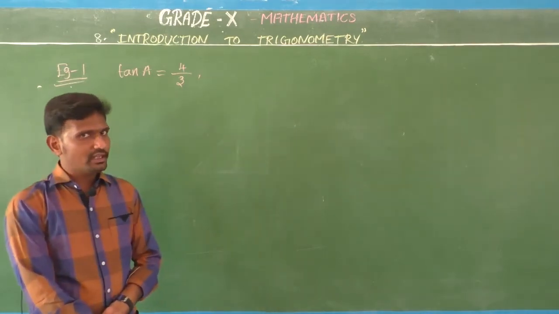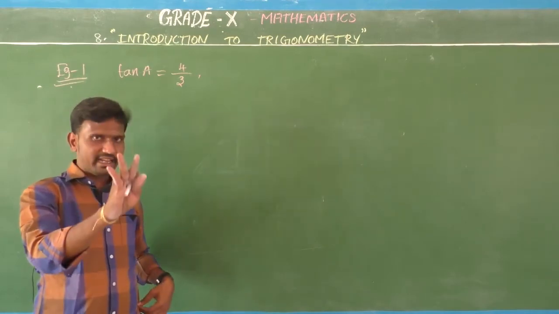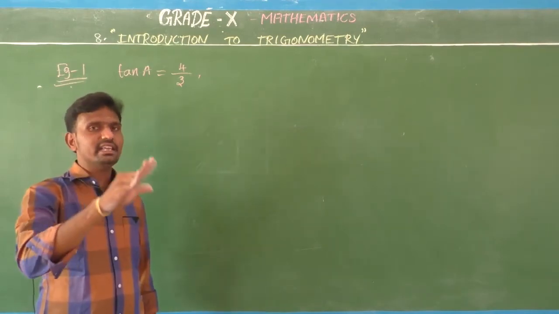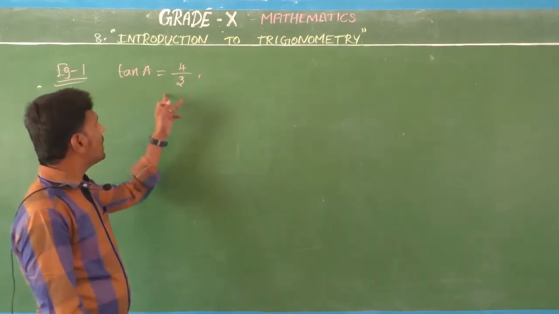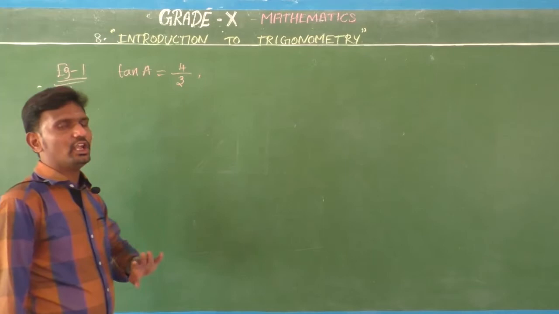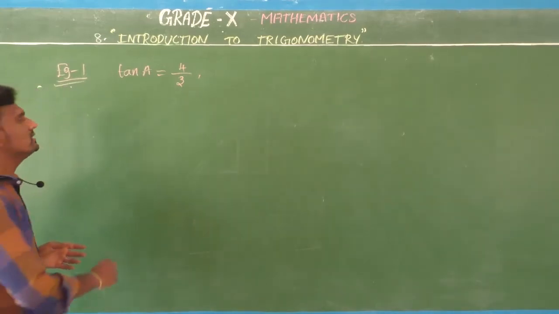Do you know what the 6 trigonometric ratios are? Sin A, cos A, tan A, cosecant A, secant A, and finally cot A. From the 6 ratios we have only one, tan A. So from that tan A we want to find the other trigonometric ratios.